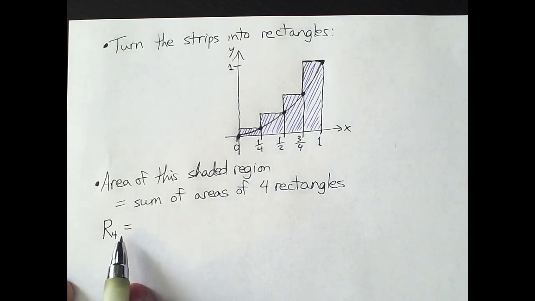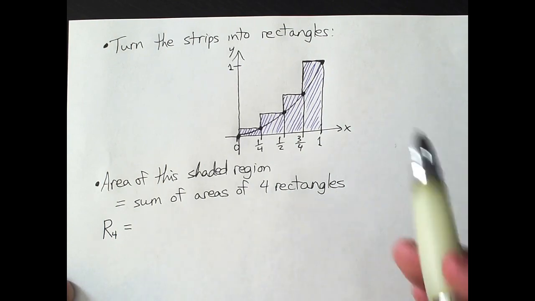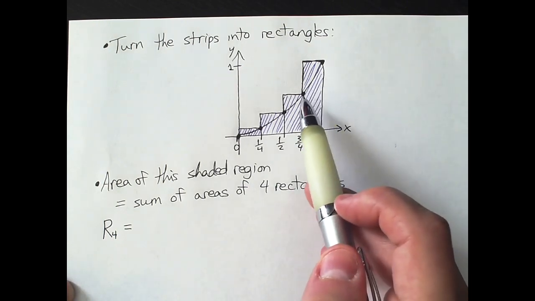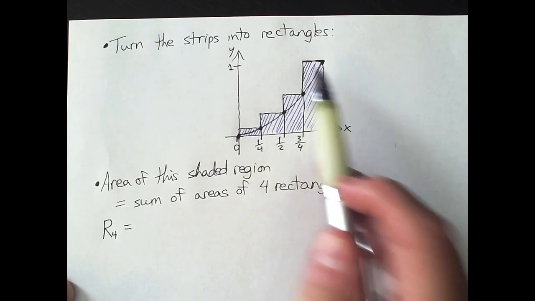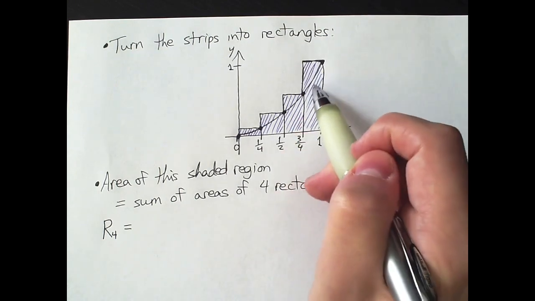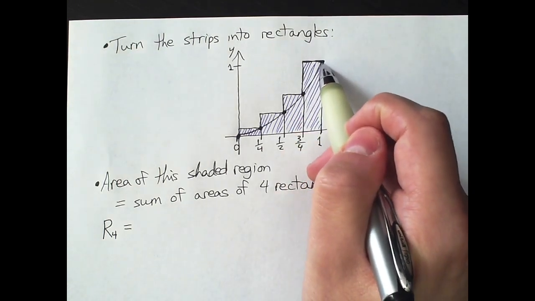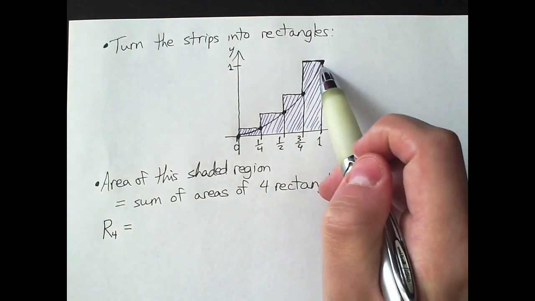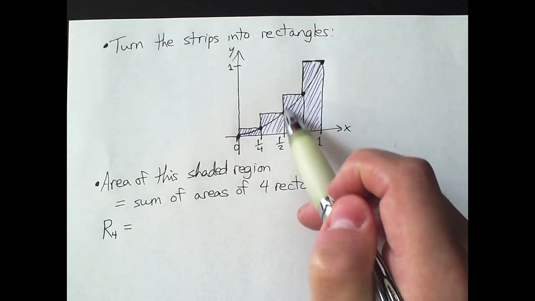Now, the 4 is because there are 4 rectangles. The R is, well, I guess I'll tell you now. I was going to wait to tell you, but there are 2 ways that we could have turned this into rectangles. We're going to wind up doing both of them. One is going to be R, and one of them is going to be L, and they represent the right and left. The reason is because when I made these rectangles, I started at the upper right, and I chopped this up into rectangles.